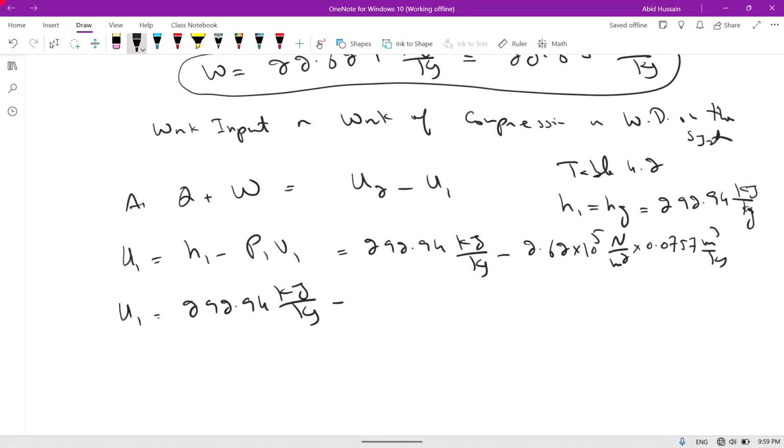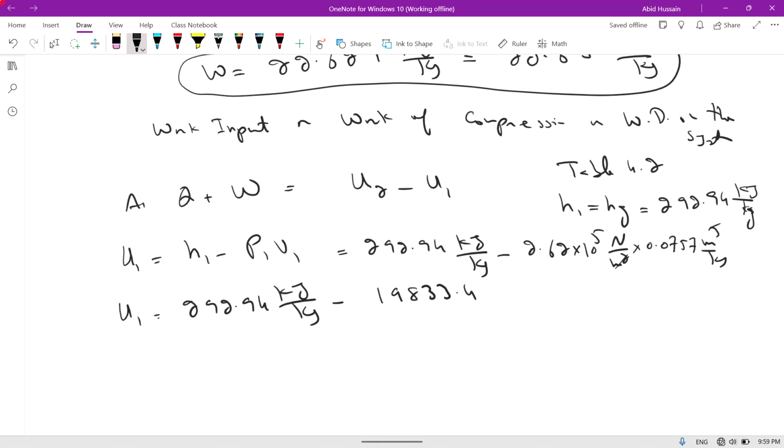So this will be equal to 19833, and now meter square will be cancelled with meter square.